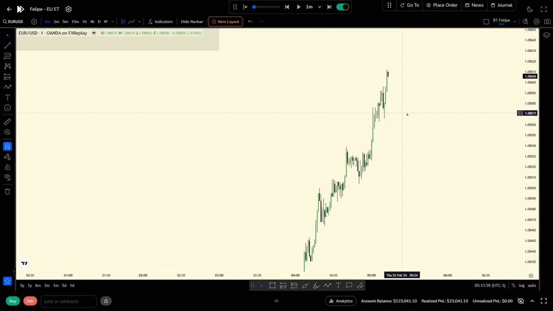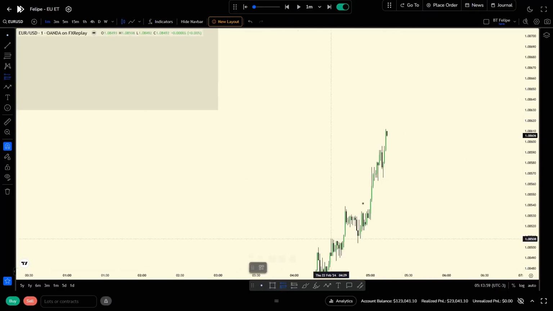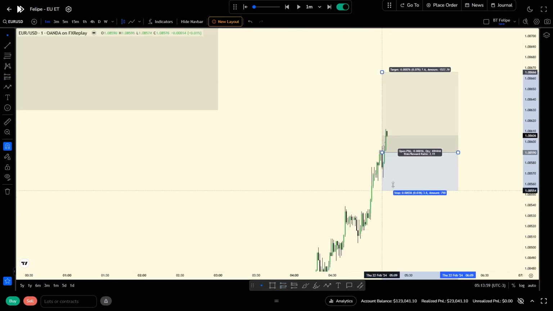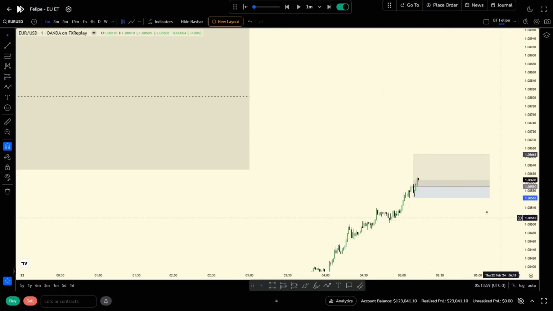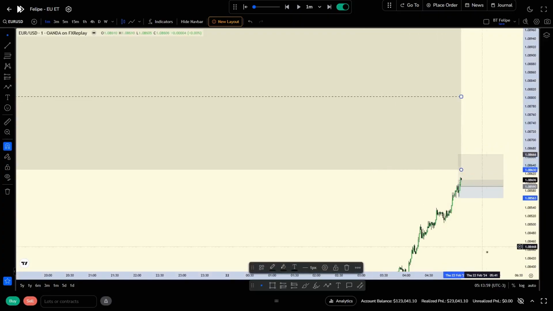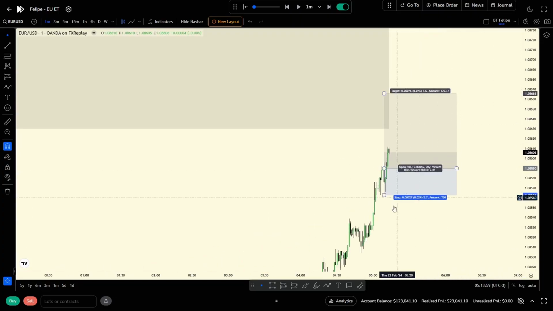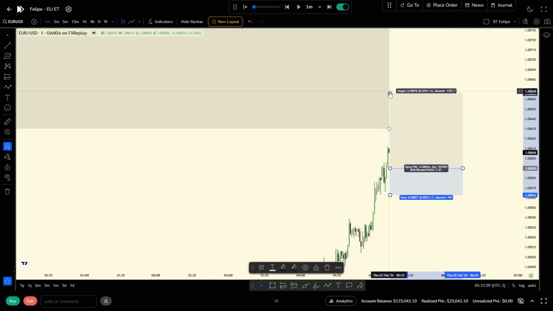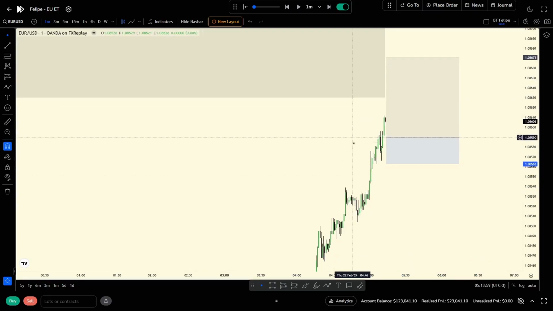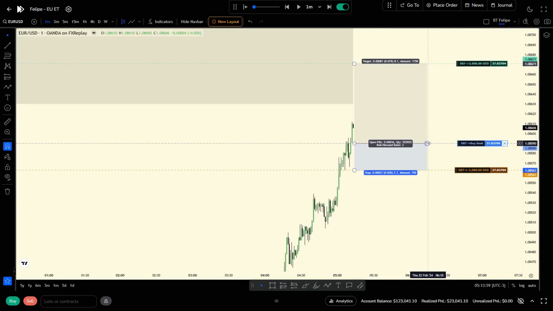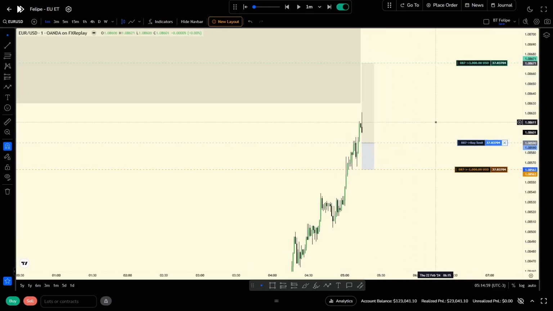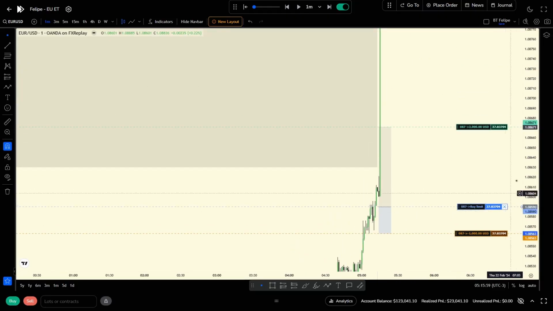There is one setup to long, coming, tapping the POI. This does not look good. I'll do the break even faster, I think. Oh, never mind.